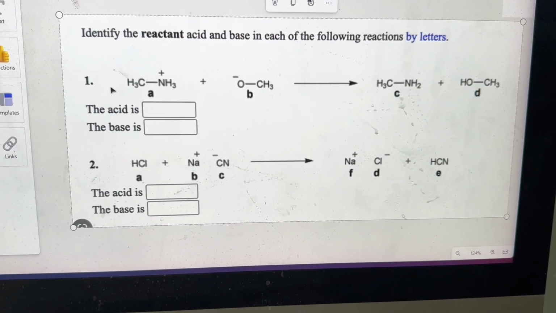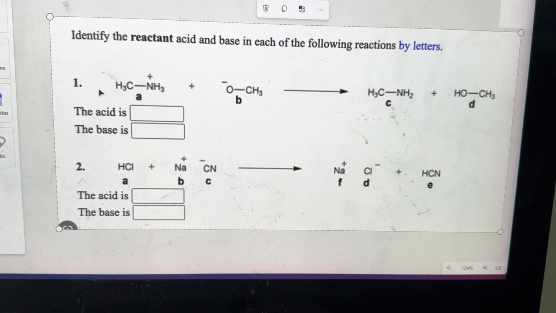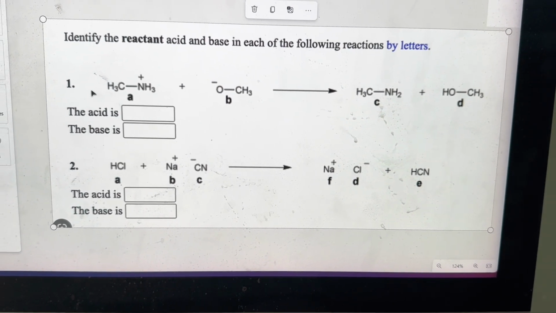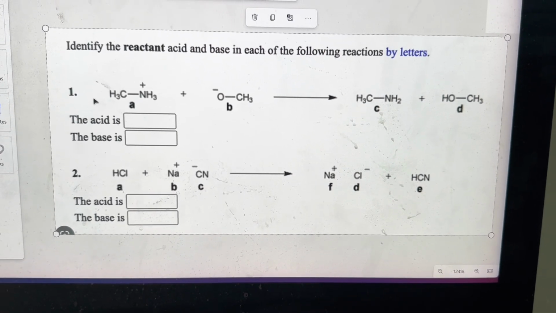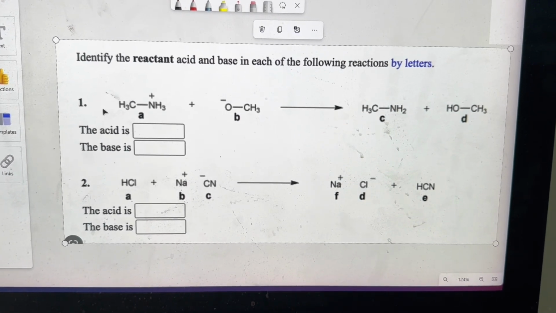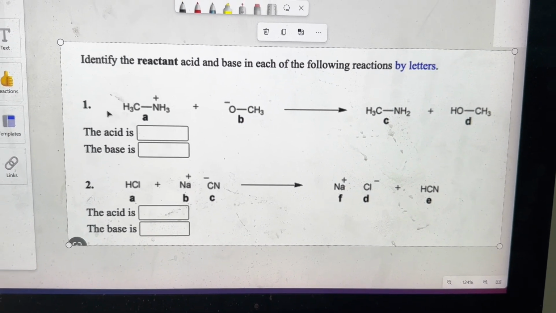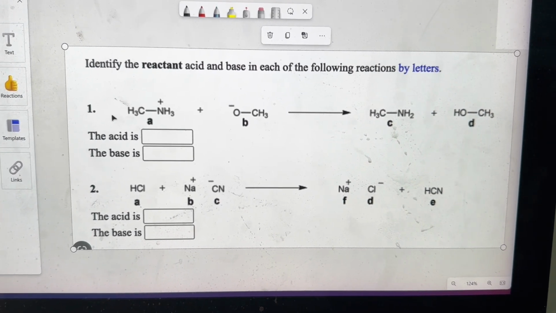And then we've got an O negative that's stuck to a CH3, and that is producing, after it reacts, H3C and H2, and OH stuck with the CH3. So it's going to take you a hot minute to be able to see it, but once you can follow the hydrogen ions, picking out the acid and the base is easy.